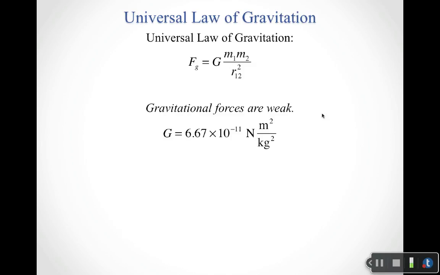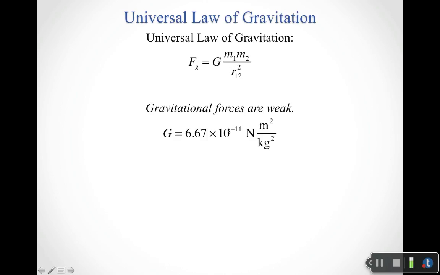The next thing to add is that gravitational forces are really weak, and that's because this constant is really small. Think about this, 6.67 times 10 to the negative 11. Negative 11 says you're talking about something slightly bigger than a trillionth. Negative 12 would be one trillionth.